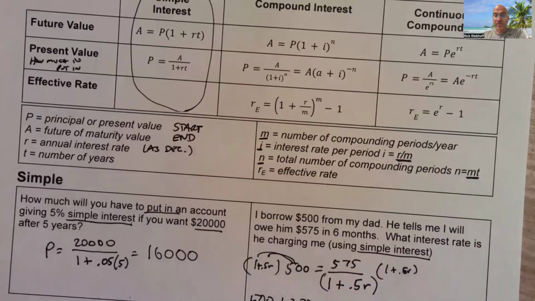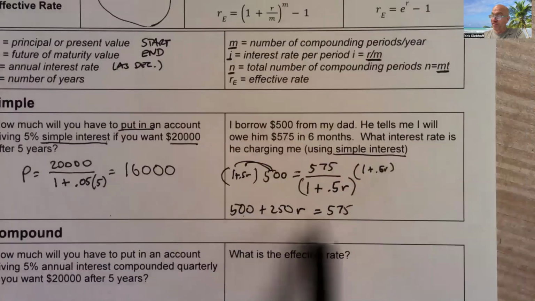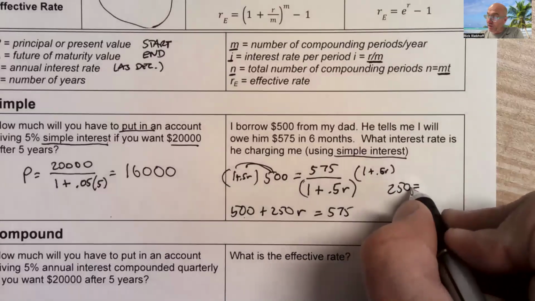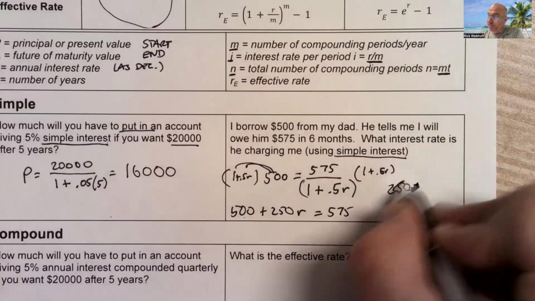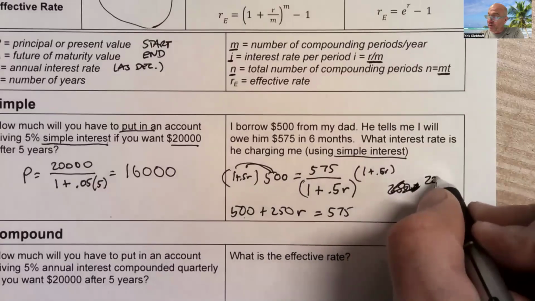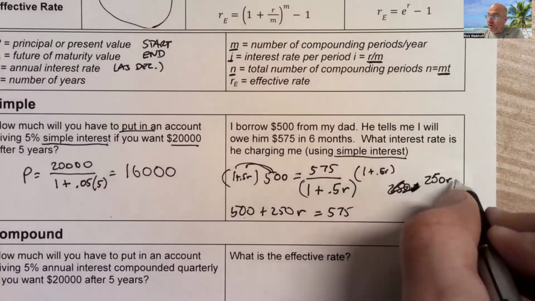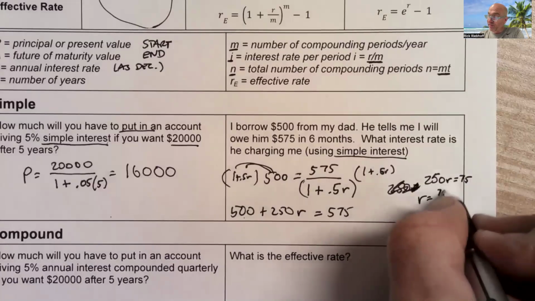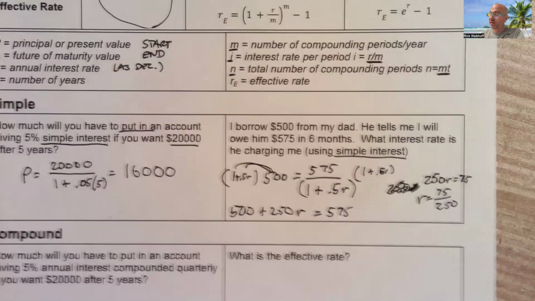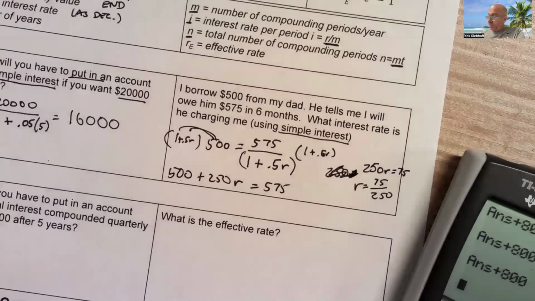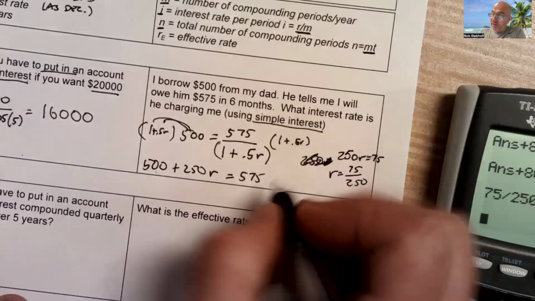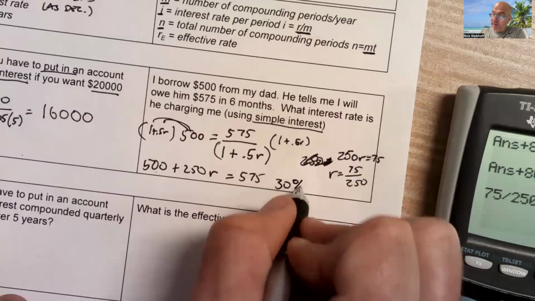I'm going to subtract 500 from both sides. So I get 250r is equal to 75, and then 75 divided by 250. And that is 0.3, or 30%, is the interest rate he is charging me.